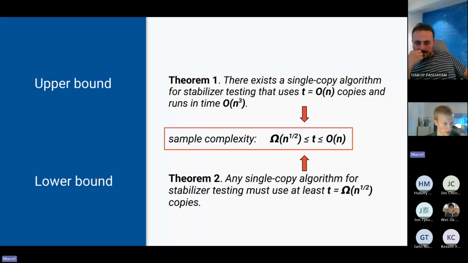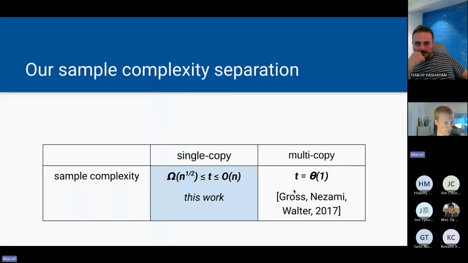And now we can compare this to previous work. Here's the multi-copy algorithm that I was talking about before. This is from a paper by David Gross, Sepehr Nezami, and Michael Walter from 2017, where it originally came out. And as I said before, they show that there's a system-size independent complexity in the multi-copy case.